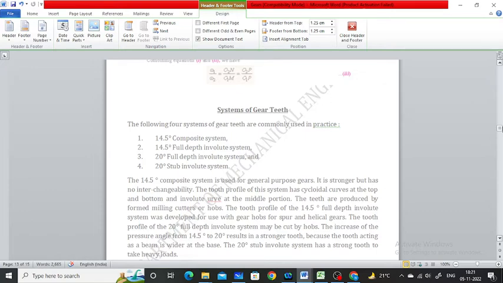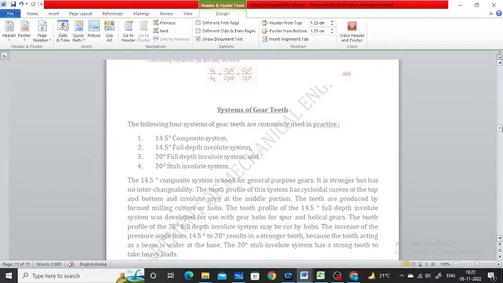It is stronger but has no interchangeability. The tooth profile of this system has a cycloidal curve at the top and bottom and an involute curve at the middle portion. The teeth are produced by formed milling cutters or hobs.